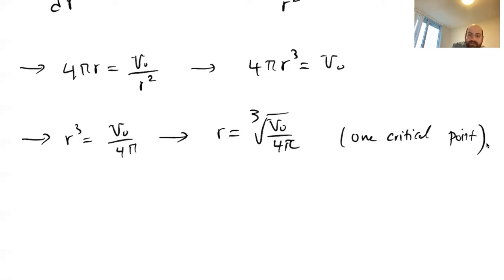A critical point may not be a local extremum, but every local extremum is a critical point. So if you have one critical point, either we have no local extremum or we have one. We cannot have more.